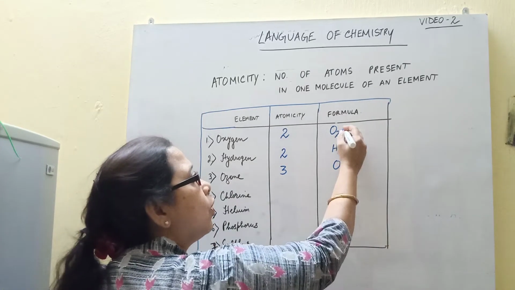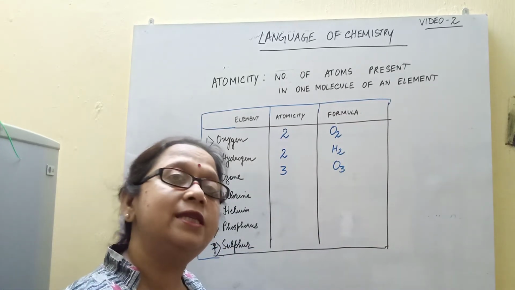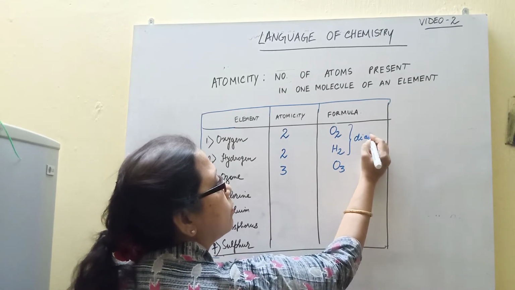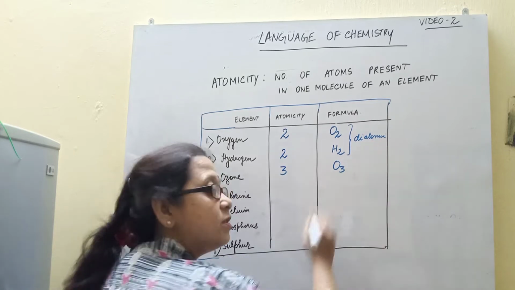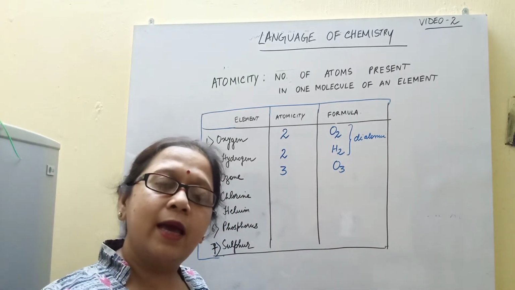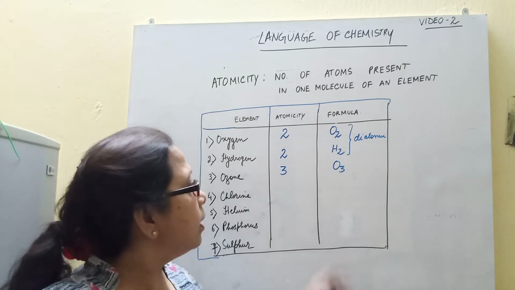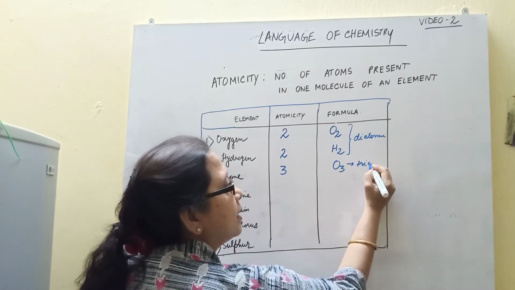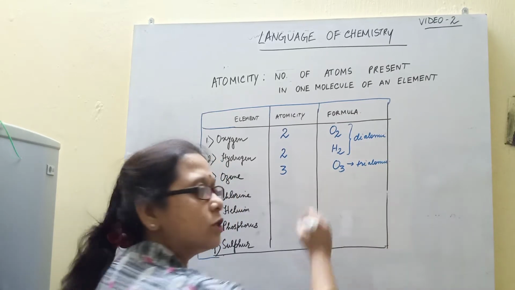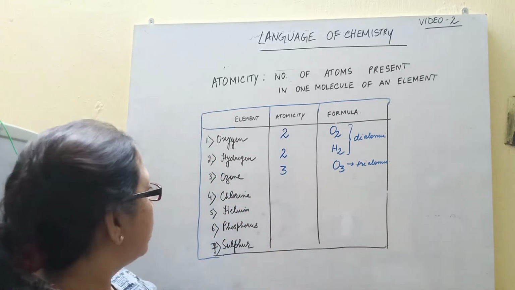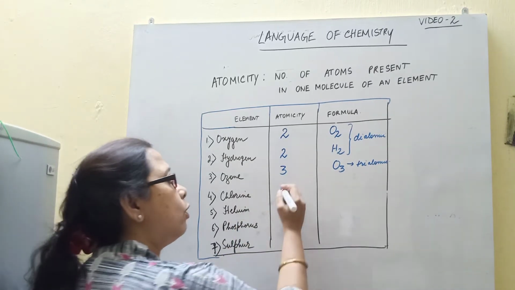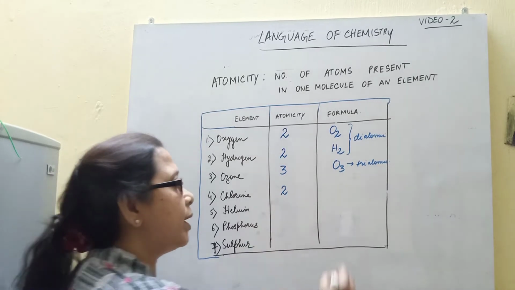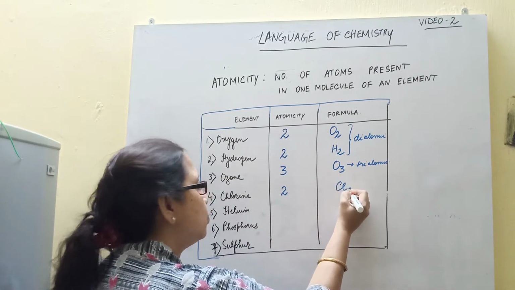So oxygen and hydrogen are said to be diatomic molecules, which means that two atoms make up one molecule, whereas ozone will be called a triatomic molecule. That means 3 atoms of oxygen make up one molecule of ozone. Chlorine is also a diatomic molecule. Its atomicity is 2. So we write the formula of chlorine as Cl2.